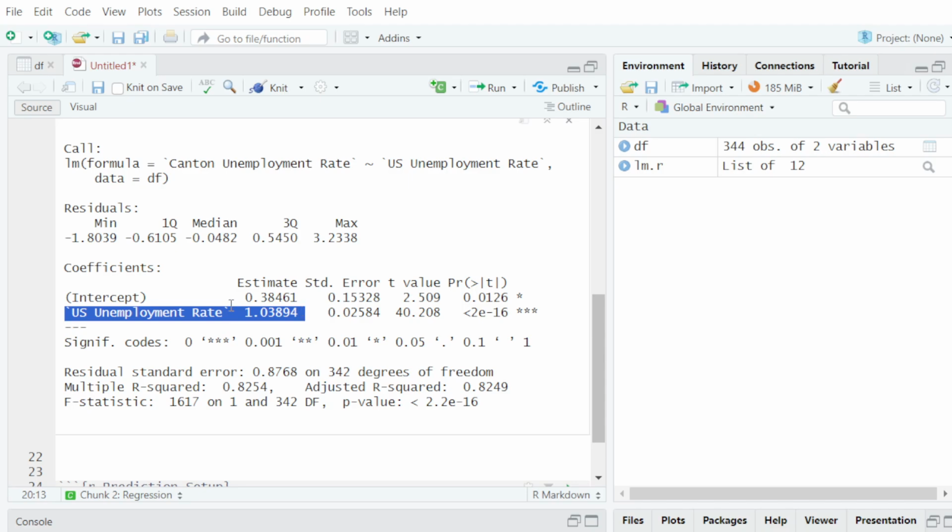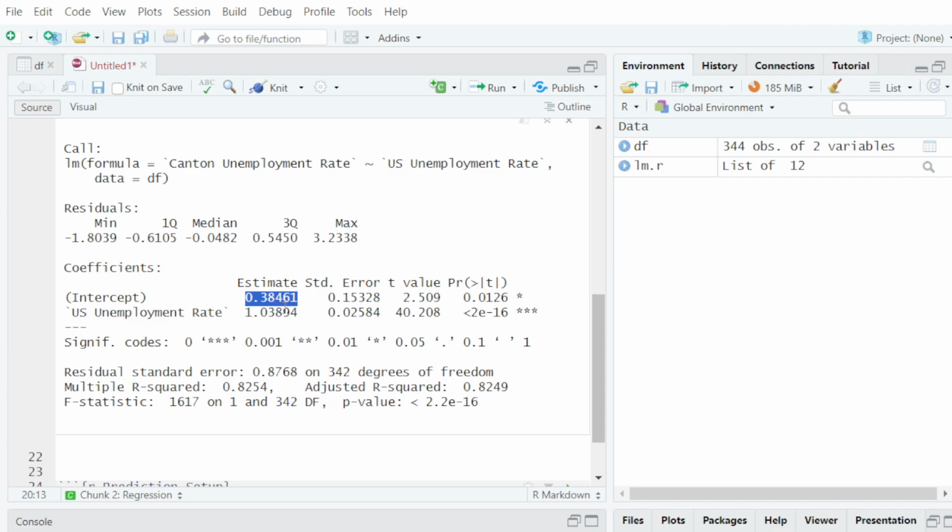That would be not the unemployment rate itself. This isn't telling us the value. Instead, this is telling us what the slope is if that unemployment rate is our x. So in this case, when the US unemployment rate, whatever that is, we take it, multiply it by 1.03894, then add the intercept to it to get our prediction.